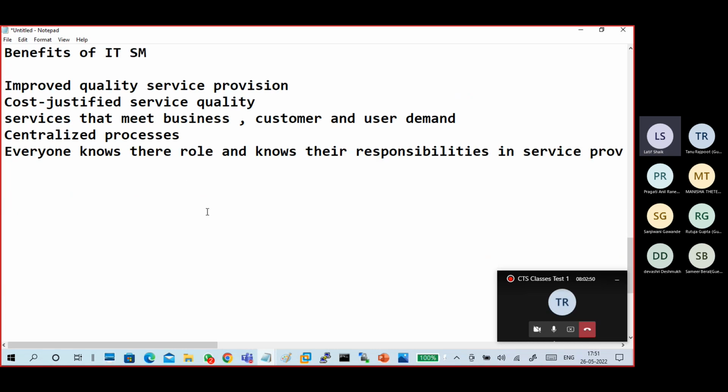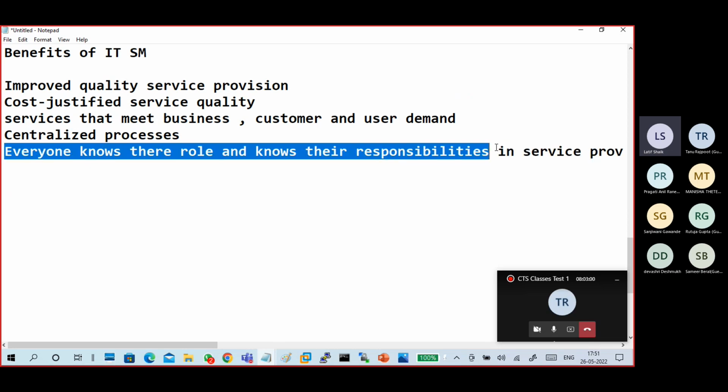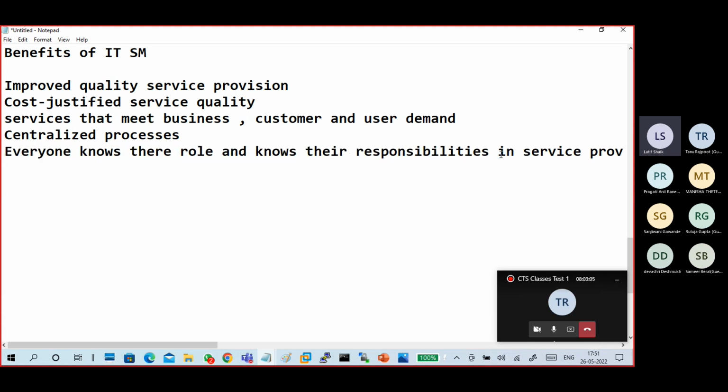Guys, remember, there are a few things. I am unable to cover it all; I would need at least 3 days for ITIL to complete the basic things. But there are 2 points. One is that everyone knows their roles and responsibilities in the service provision. It means you cannot say, hey, this is not my duty.